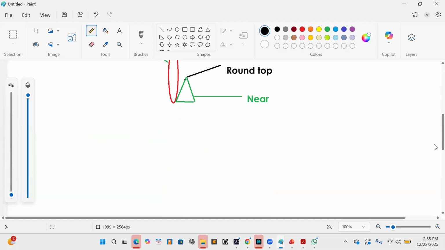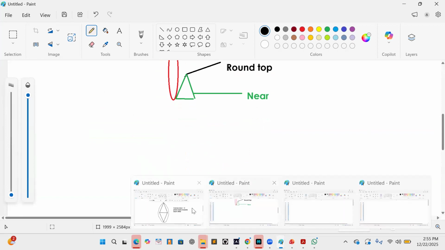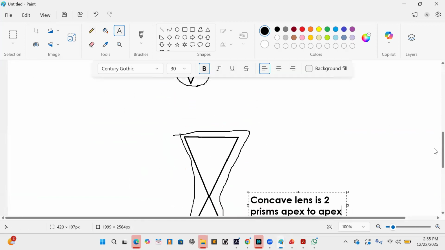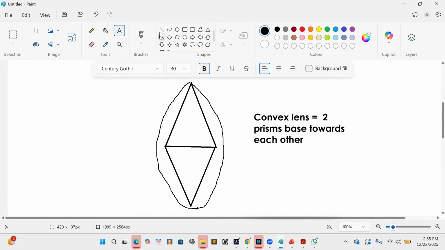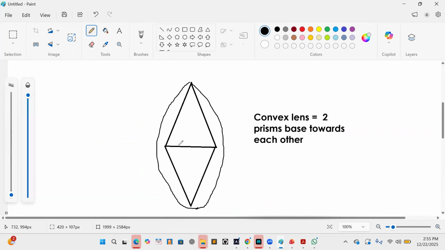Yes, so in continuation, another thing to know is the optical center of the lenses. This is where the optical center is for the convex lens, where these two are. So this is the optical center of the convex lens.